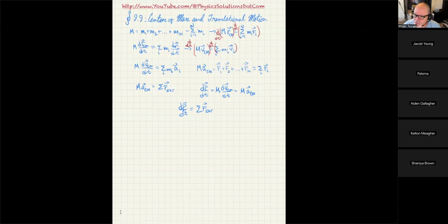All of those are just internal forces. We don't put them in at all. All we do is only the forces from anything that's not part of the system. So if your system was a flock of birds, any forces that one bird put on another is not one that you put on the right hand side of Newton's second law. But if another airplane or a drone flies in and hits the birds, then yeah, that's an external force.